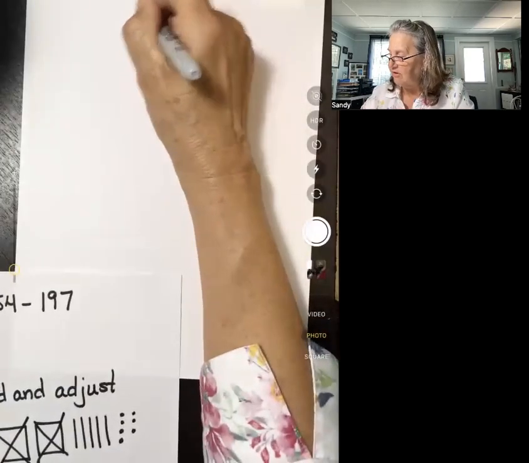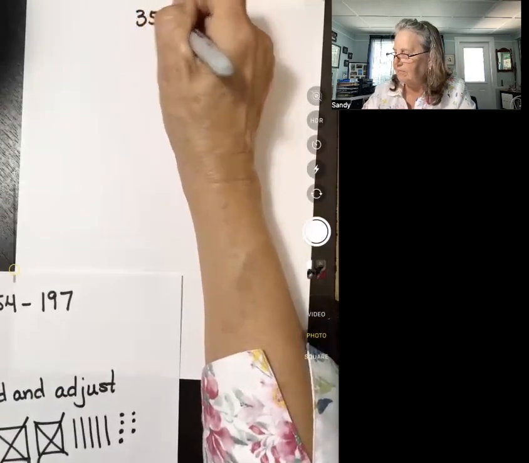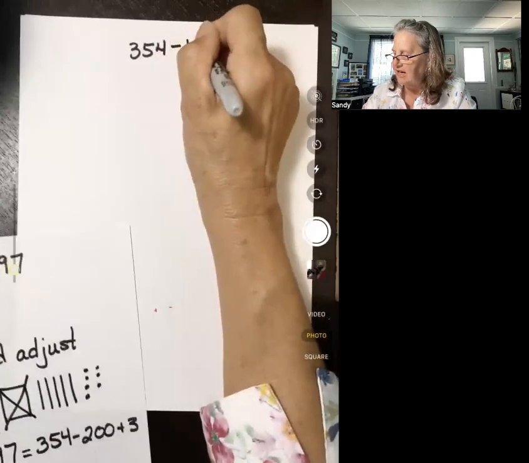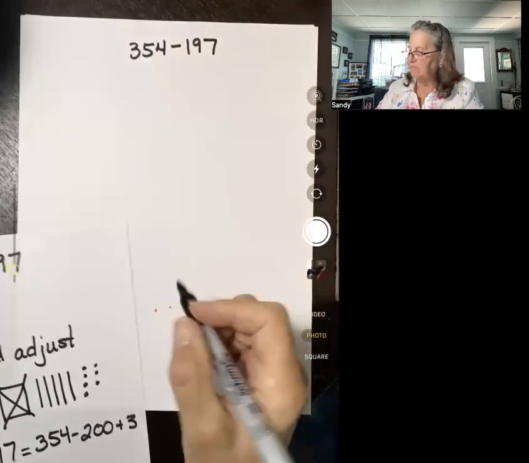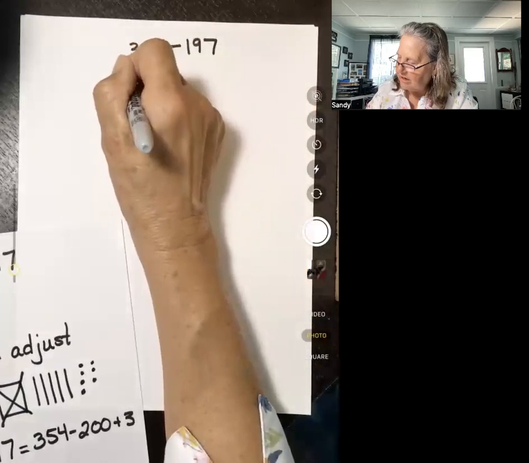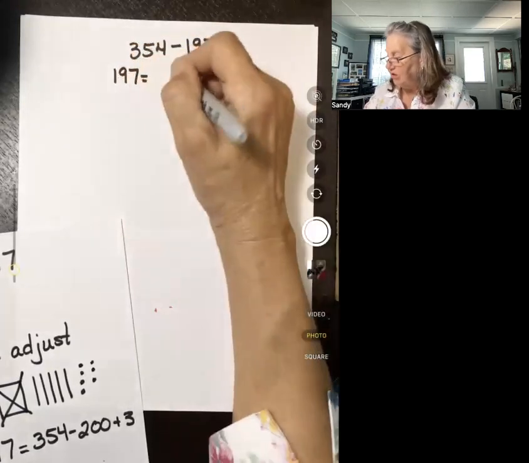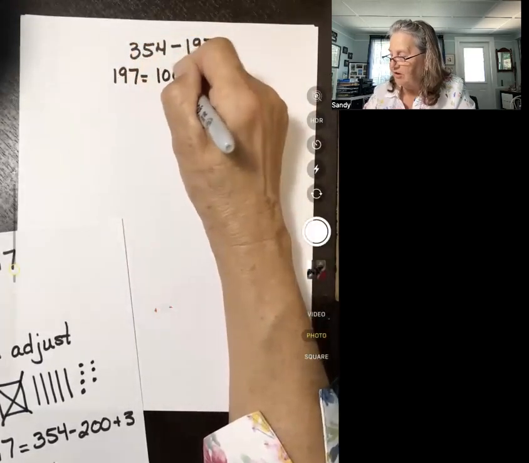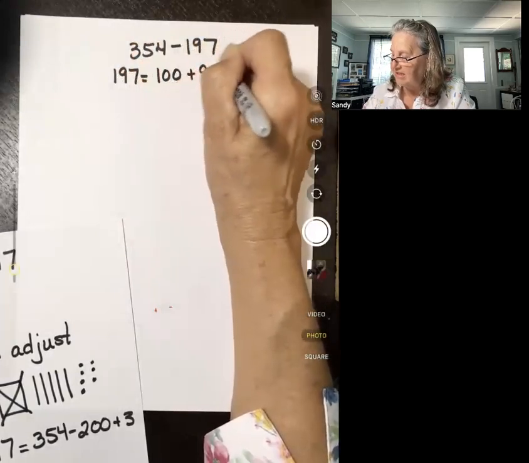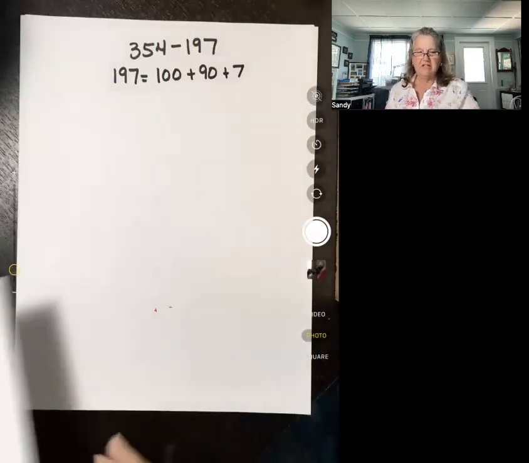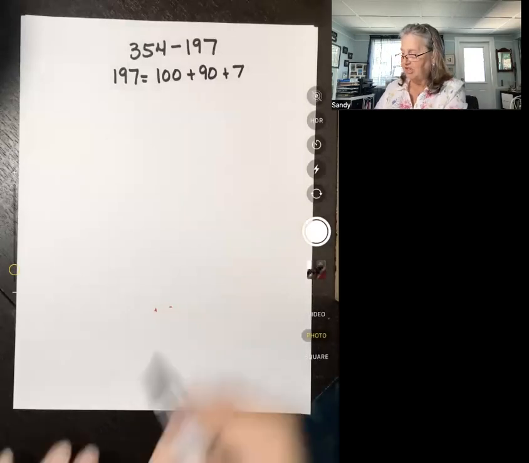Now, let's look at the other version. I've got 354 minus 197. And remember, our other way of thinking of 197 was using expanded form, 100 plus 90 plus 7. I'm going to start with the same picture that we just had.